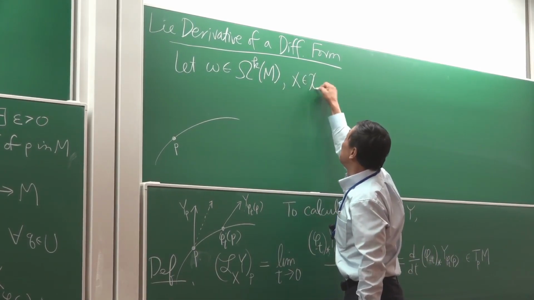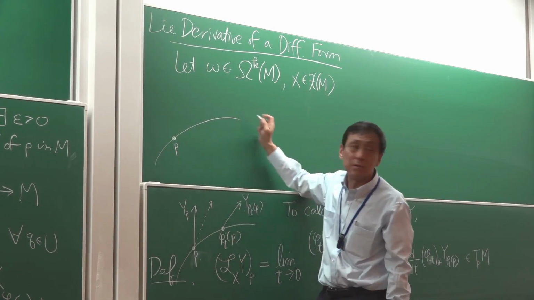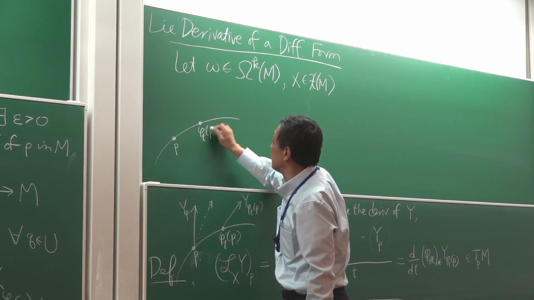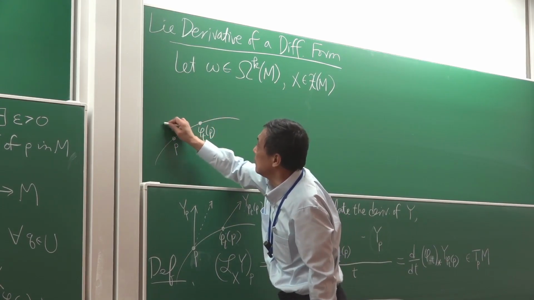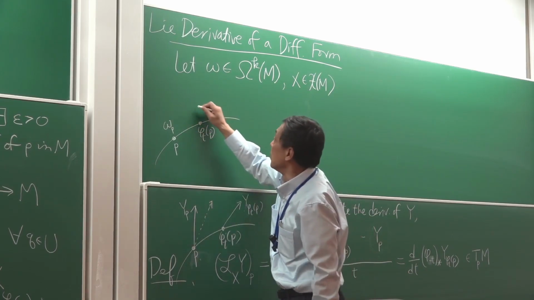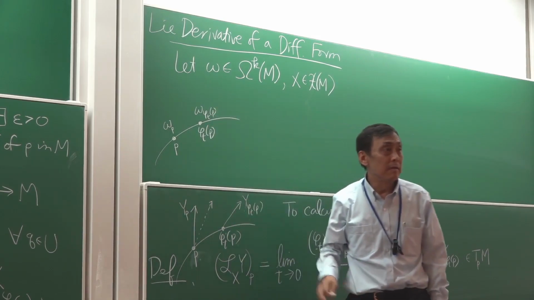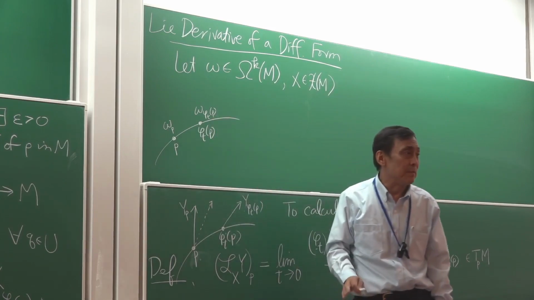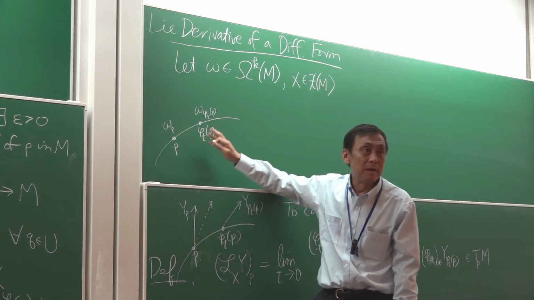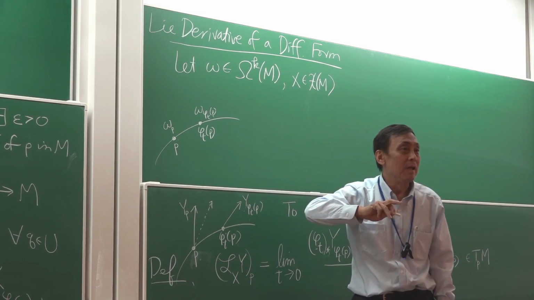X is still a vector field, and this is the integral curve of the vector field. So here is omega at p, and then omega at phi t of p. Again, they are in different vector spaces, so in order to compare them, I have to bring this back here.